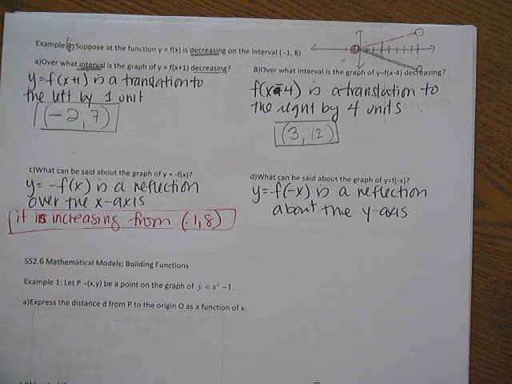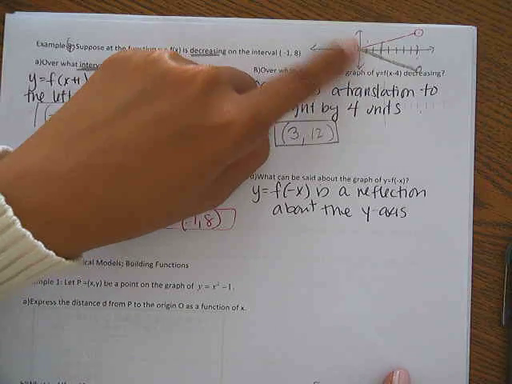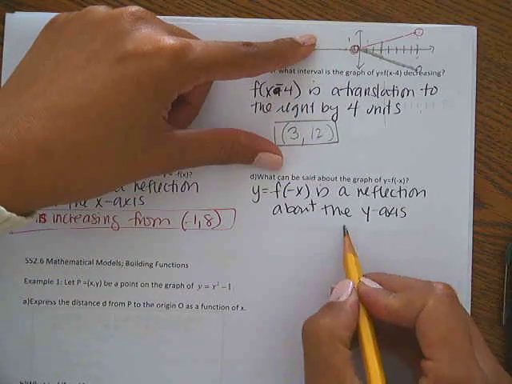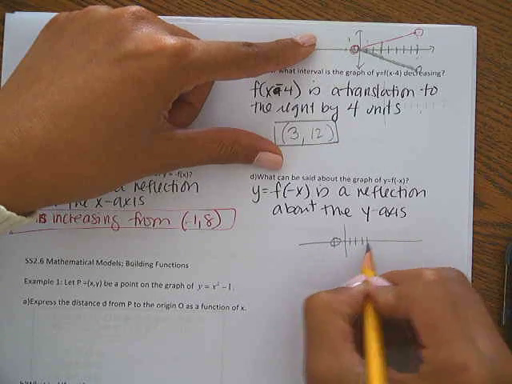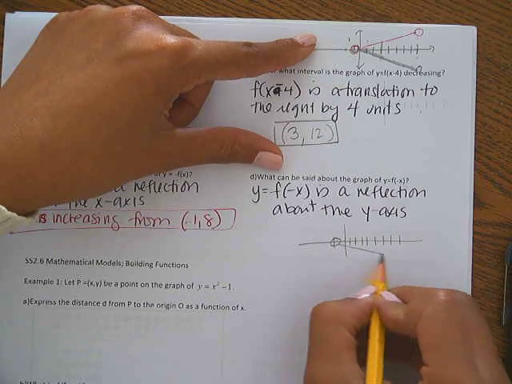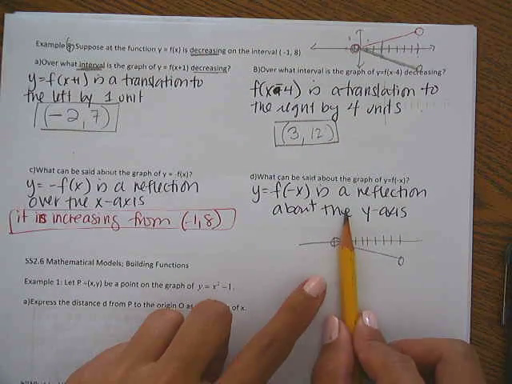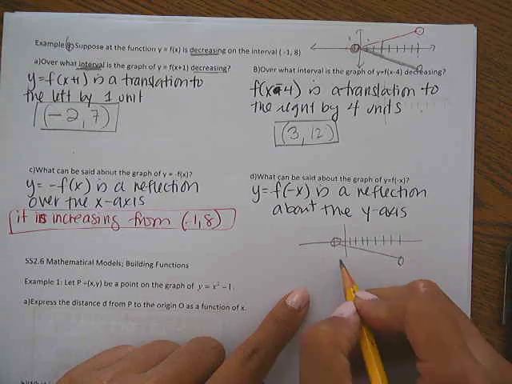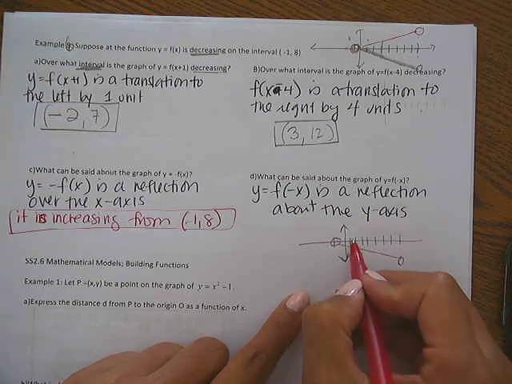Okay, well, this is kind of tricky. So look at this. Let me just sketch another one out here. This is what we had before: -1, 1, 2, 3, 4, 5, 6, 7, 8. If I were to fold it on this line, remember the y-axis, I'm reflecting on the y-axis. This over here is now here.